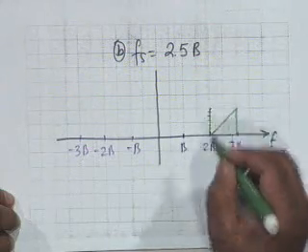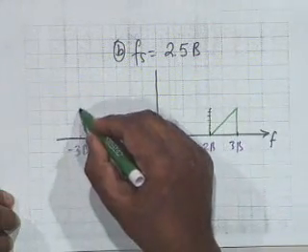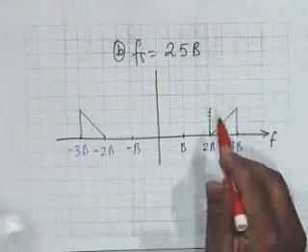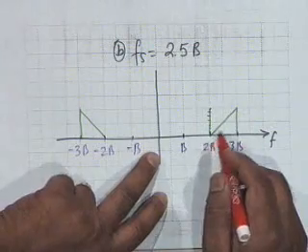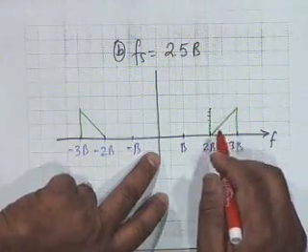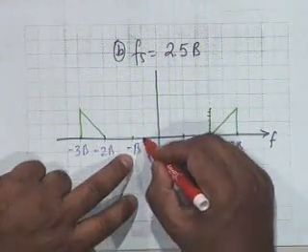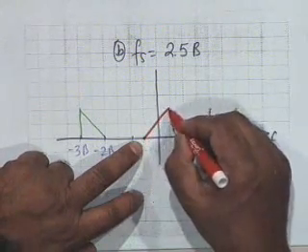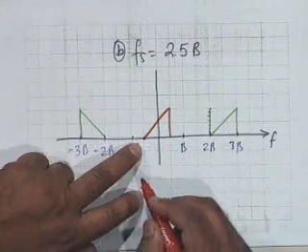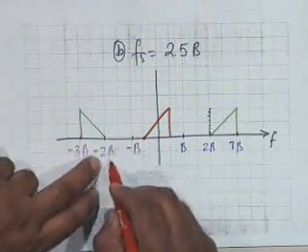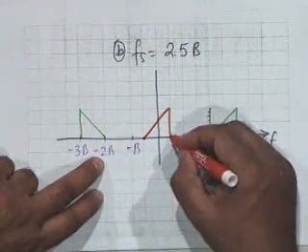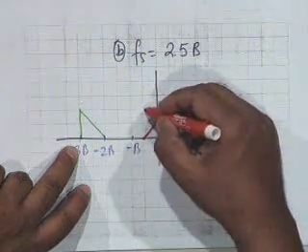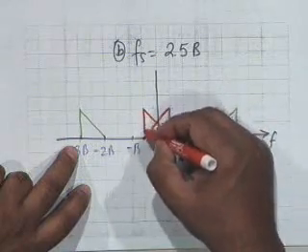Original was this. Now let us see what happens. This 2b, you have to subtract 2.5b. So it starts from minus 0.5b and goes up to plus 0.5b. Now this minus 2b plus 2.5b now starts at plus 0.5b and ends at minus 0.5b. So it goes like this.